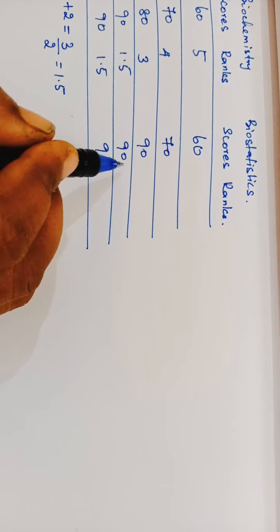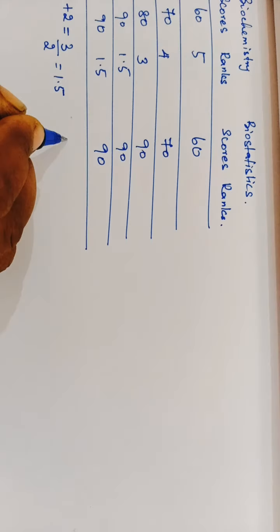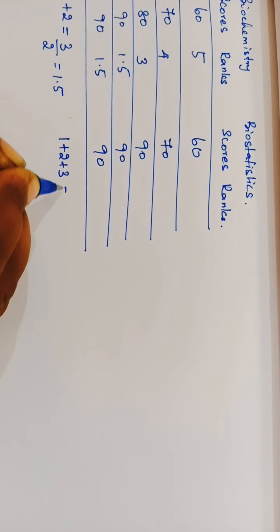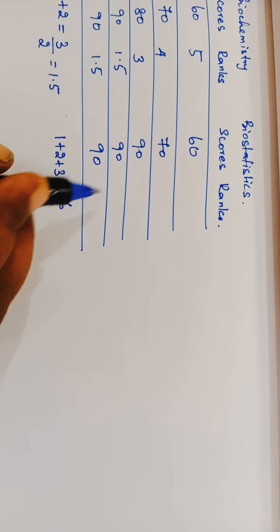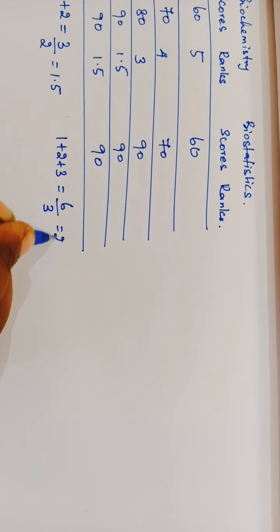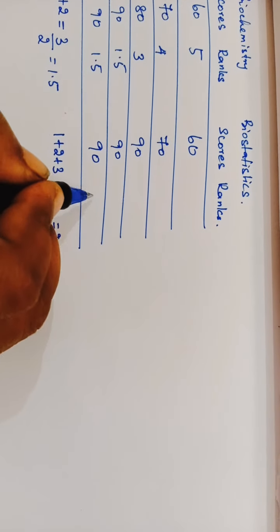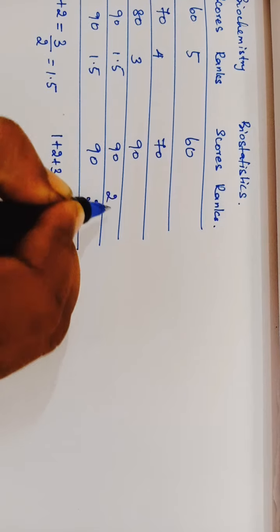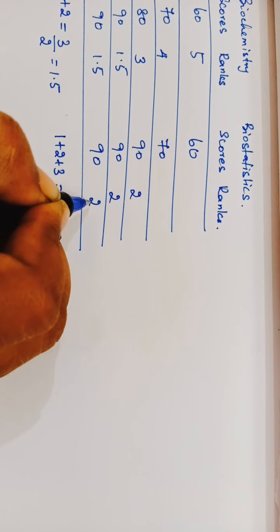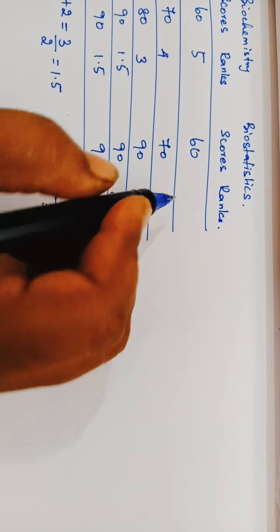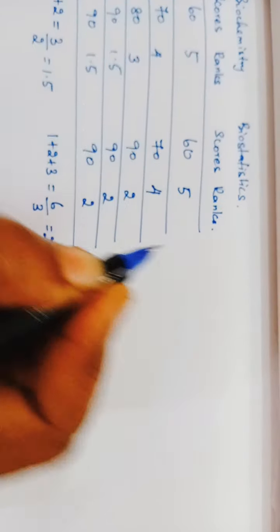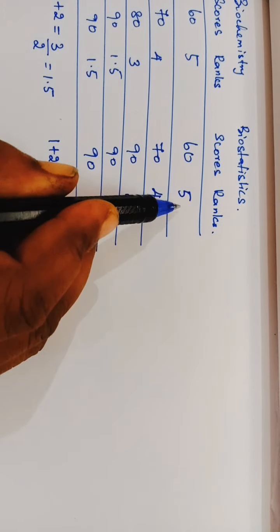Since it is repeated 3 times, 1 plus 2 plus 3 is 6, divided by 3 equals 2. So we assign 2, 2, 2. There is no first rank in this case, the ranks start from 2 only. Then we continue with the 4th rank and 5th rank. This is the way we assign ranks.